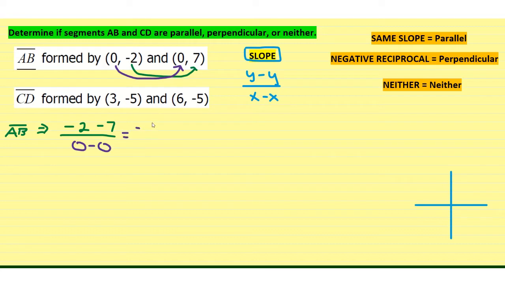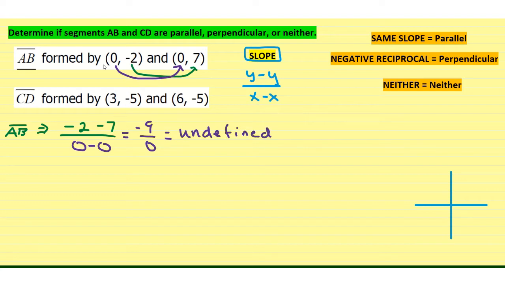So this is going to be -9 divided by 0, but if you remember correctly, when we have a 0 in the denominator, that means that the universe has exploded into smithereens. It no longer exists. In math language, we say it is undefined. We have no explanation for it.